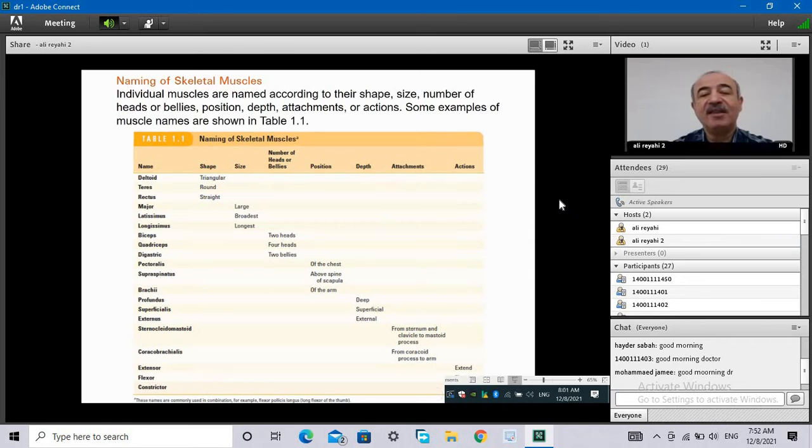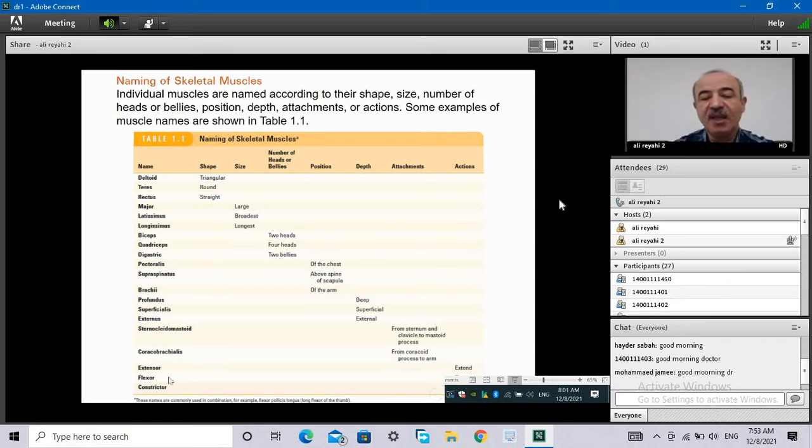Attachment, the origin and insertion of the muscle. Okay. We can use this attachment for naming the muscle. For example, on each side of the neck, there is a muscle called sternocleidomastoid. It's attached to the sternum, clavicle and mastoid process.